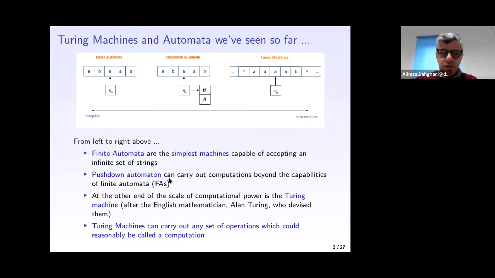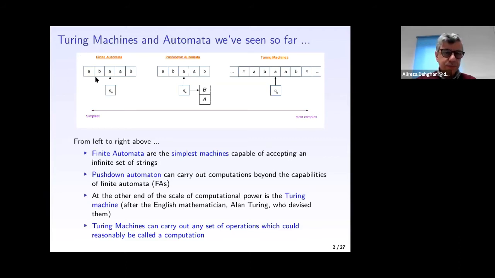A push-down automaton can carry out computation beyond the capability of finite automata. You remember it was a little bit more powerful machine, and we talked about what more powerful means. A more powerful machine means it can accept more languages. It can accept languages that are not accepted and generated by finite automata.